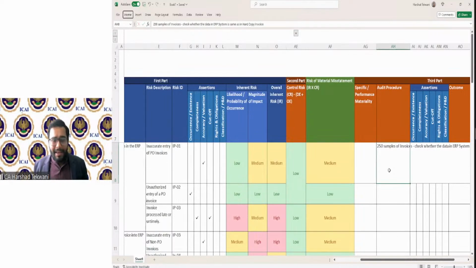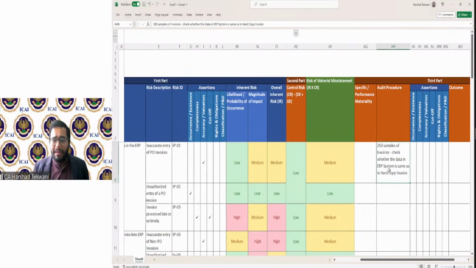This way, I can get comfort over the accuracy of the invoice. Also, I can get comfort over occurrence, meaning the transaction has actually occurred, because I have a hard invoice.